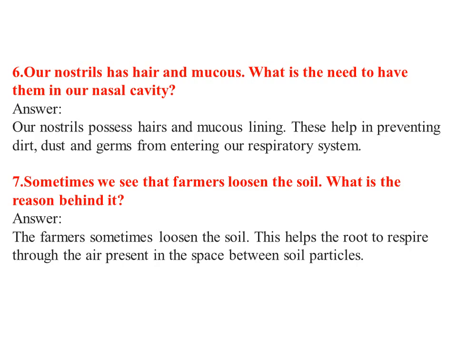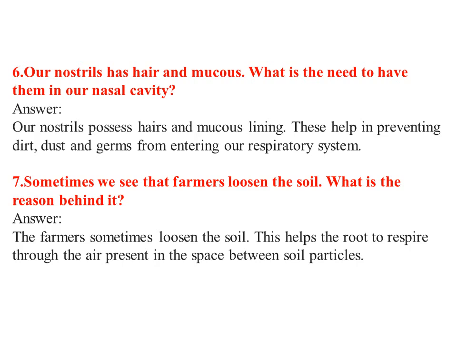Next question. Sometimes we see that farmers loosen the soil. What is the reason behind it? This helps the roots to respire through the air present in the space between soil particles. I have shown you a picture of what happens if a plant is overwatered: the plant dies. What is the main reason?